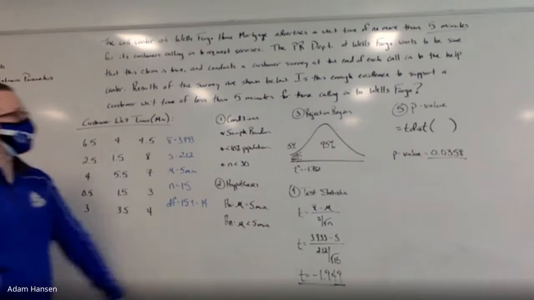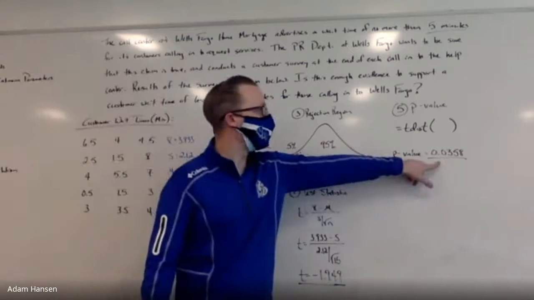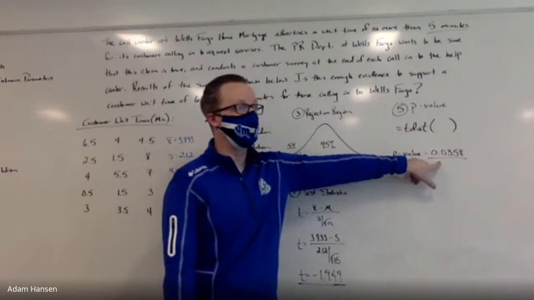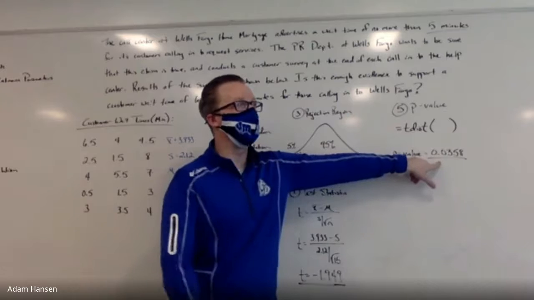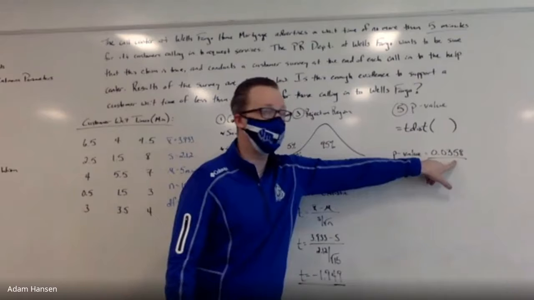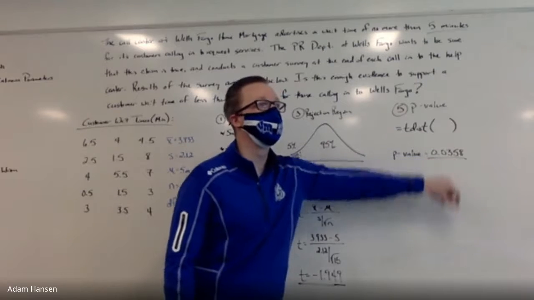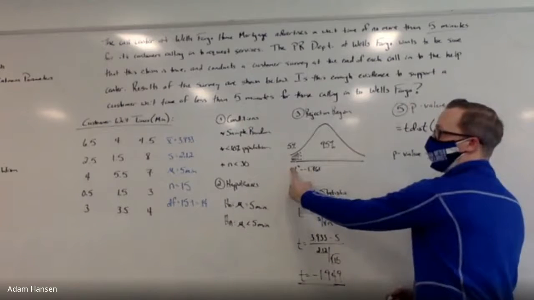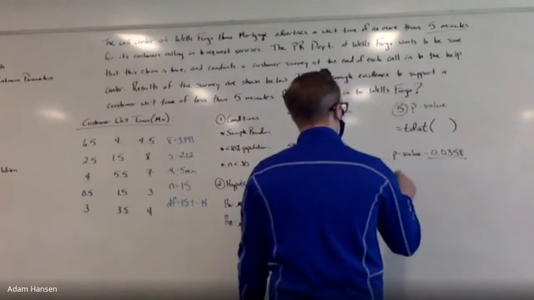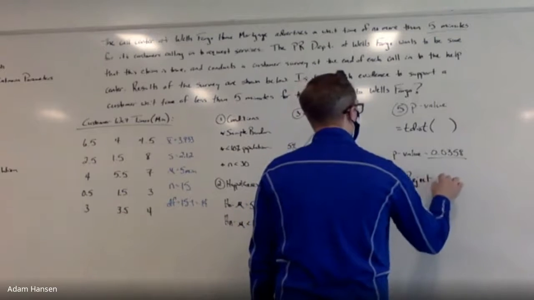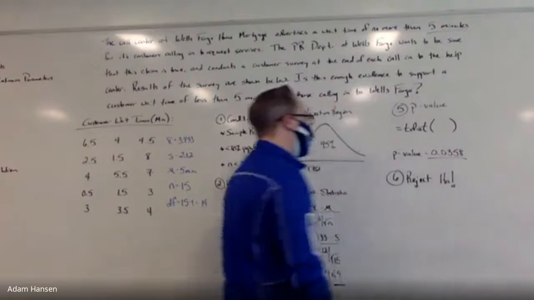Is 3.6% within the given type 1 error probability of 5%? Does this p-value fall within that allotted error? Yeah. So what's our decision going to be? Reject. The same decision you made by using the rejection region graphical approach from prior. Reject H0.